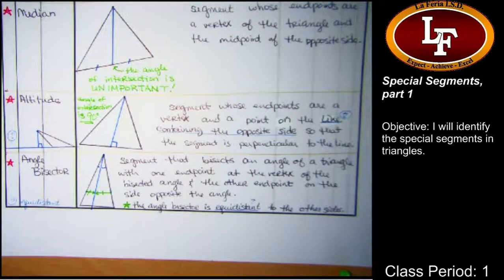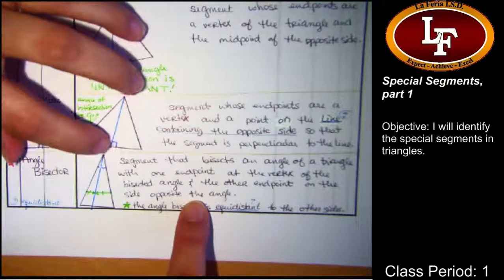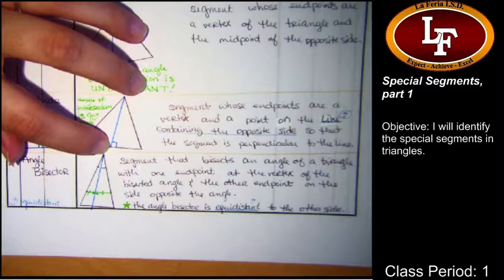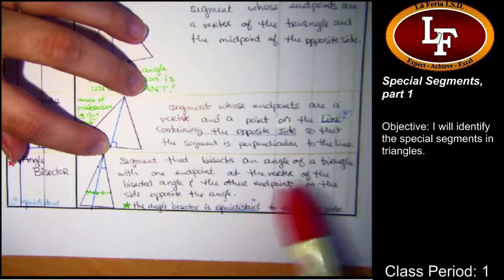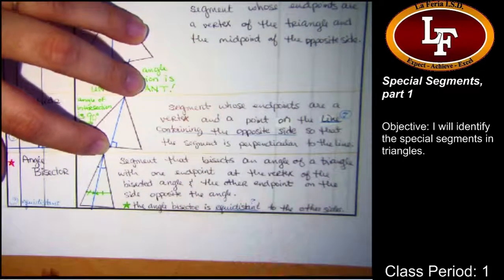Triangle selfies. Yes? It doesn't make sense, where it says endpoint on the side opposite. All right, so quick question came in about this part of the definition that said the other endpoint is on the side opposite the angle.